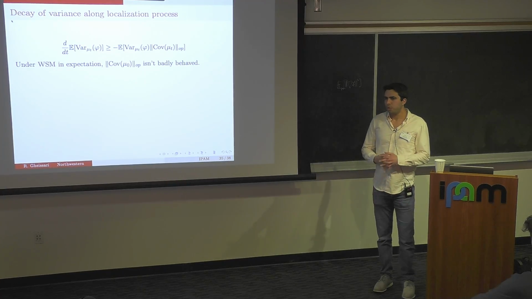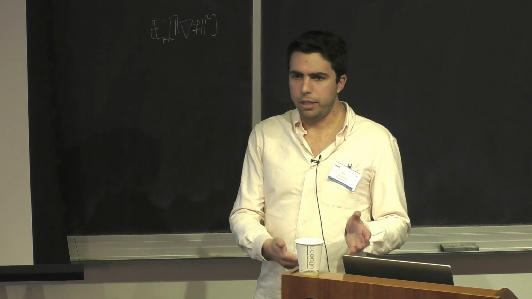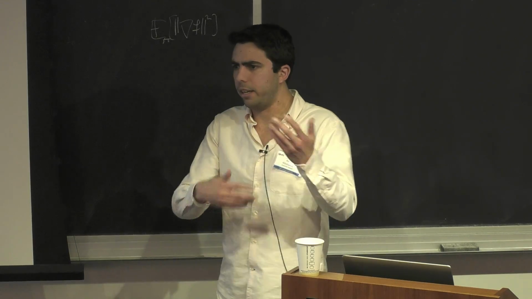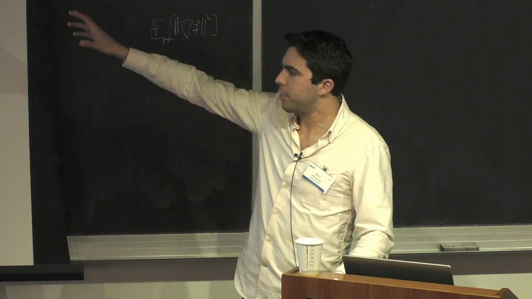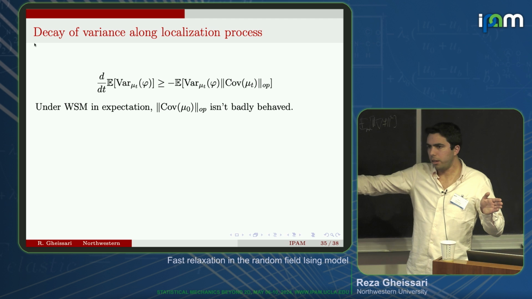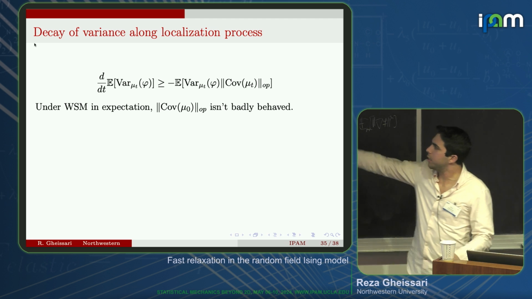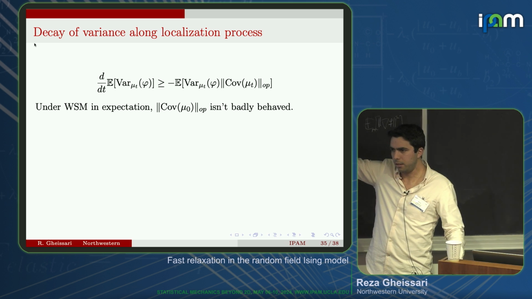So when I'm in high temperature, the covariance matrix of the measure is bounded. This is like a Dobrushin type of assumption, things like that. And so that means that the high temperatureness of the measure, if it's true along the whole process, along the whole set of times, is giving me the lower bound I need on the variance decay.